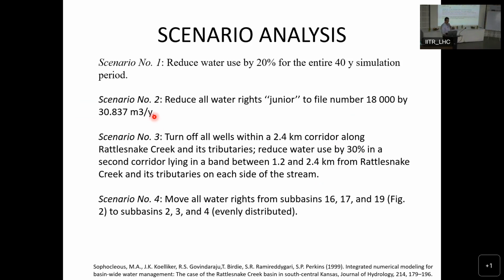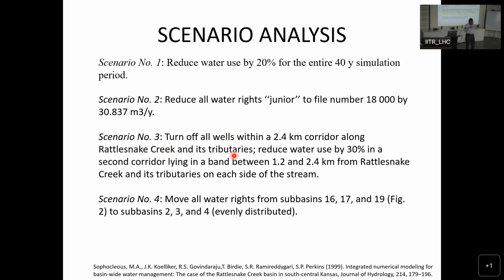So another management scenario that they could try was to reduce all water rights junior to a certain water right by this much. Or turn off all wells within a 2.4 kilometer corridor along the creek and its tributaries. If stream water levels are being affected, they are being affected because we're drawing water from the wells, and the stream is hydraulically connected to the aquifer.